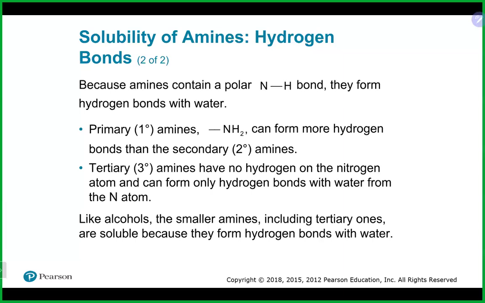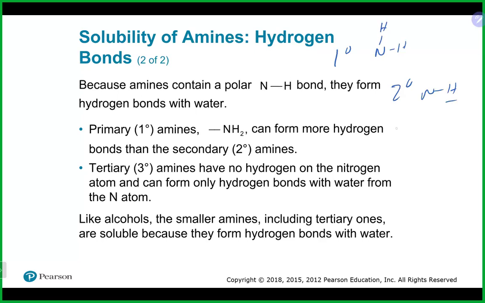Because amines have that polar NH bond, they can hydrogen bond with water. Again, primaries can actually form more hydrogen bonds than secondaries. If you have a primary amine, that means your nitrogen has a couple of hydrogens that both could hydrogen bond. If you have your secondary, once again, it has one hydrogen that could hydrogen bond.